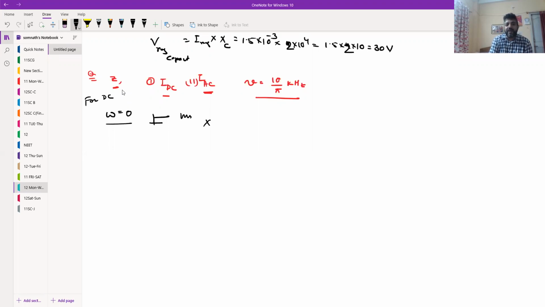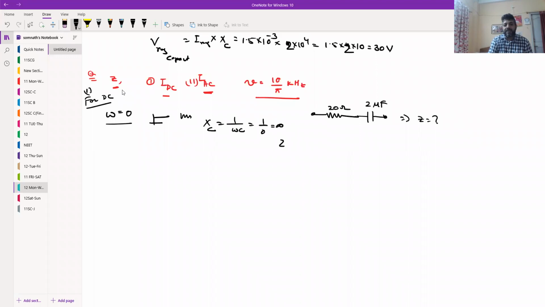So if my omega is 0, okay, there is a circuit also given here, I forgot to draw this circuit. It has 20 ohm and a 2 microfarad capacitor, and the question asks for the impedance of this circuit. What is Z? Number 1, for DC omega is 0. So when omega is 0, XC is 1 by omega C, something by 0 is infinity, yes or no?